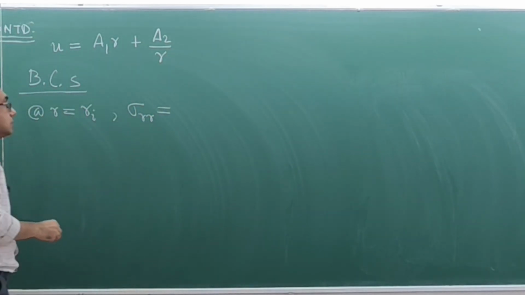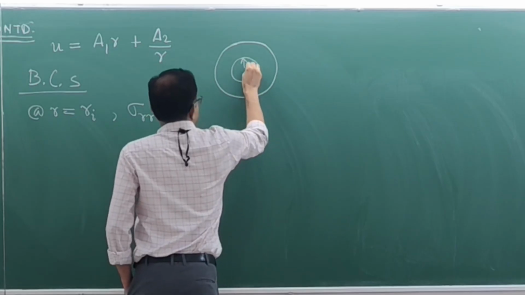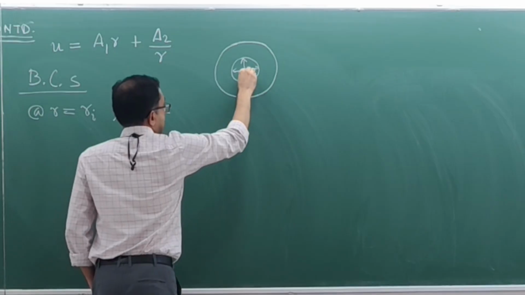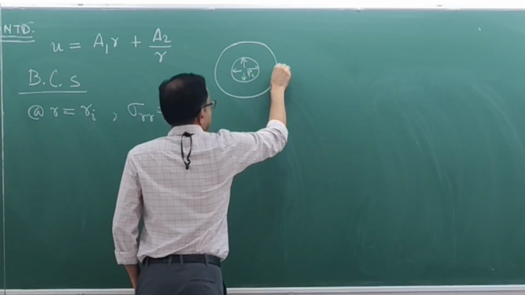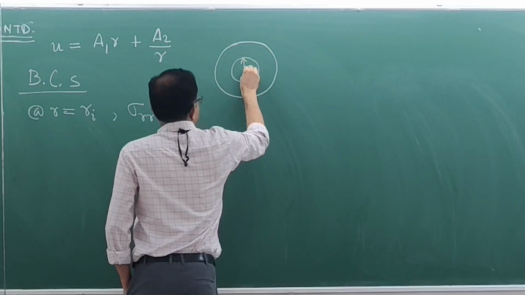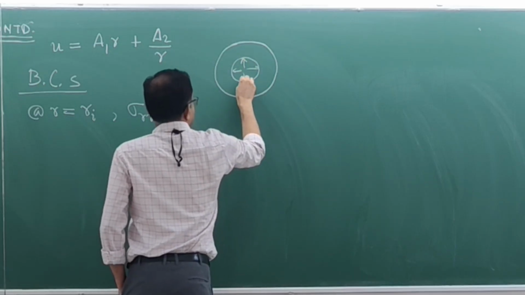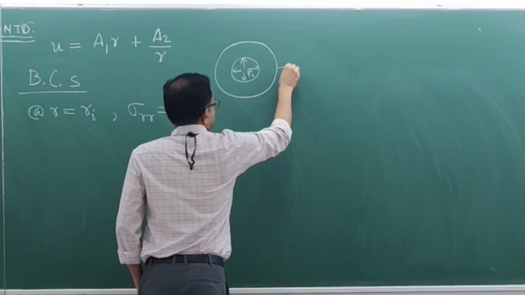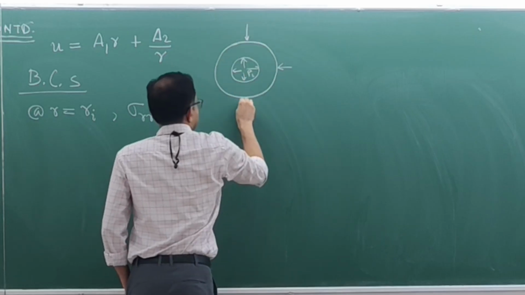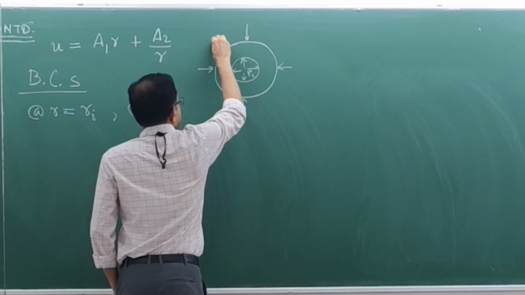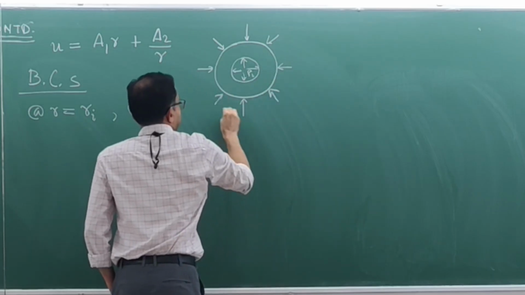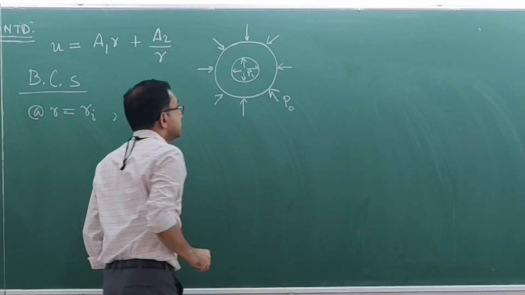Please don't forget that we have our picture like this. This is our Pi, and from outside we have this, our Po.